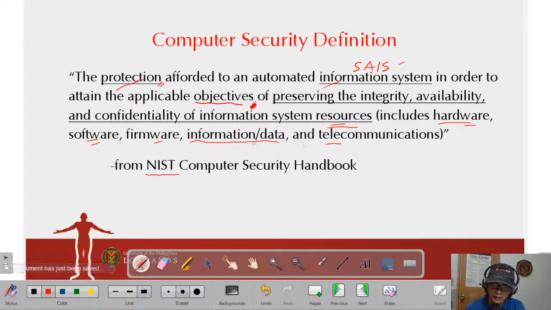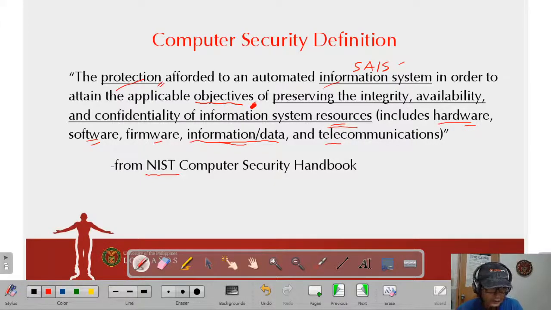So given these resources, when you think of computer security, you need to specify some objectives regarding these resources. For example, when it comes to information or data, you don't want the data to be accessible to the public. You only want the data to be accessible to the students, to the teachers, and to the registrar and the UP administration.